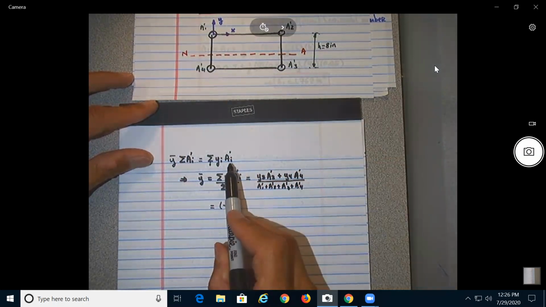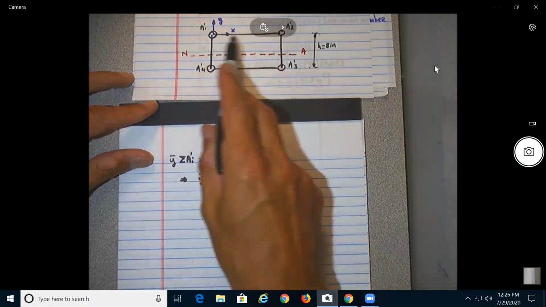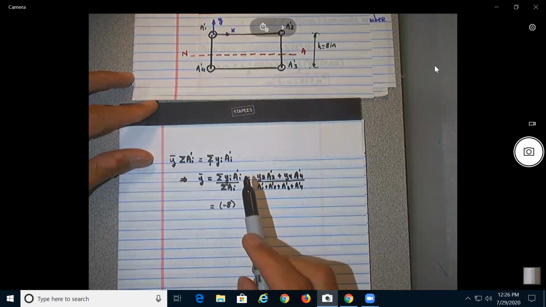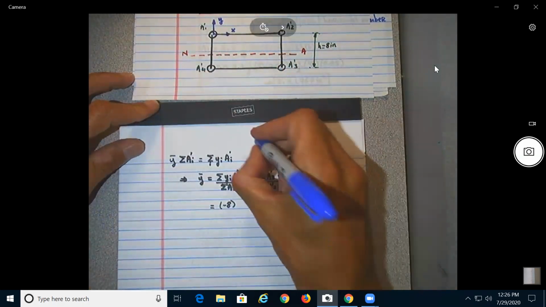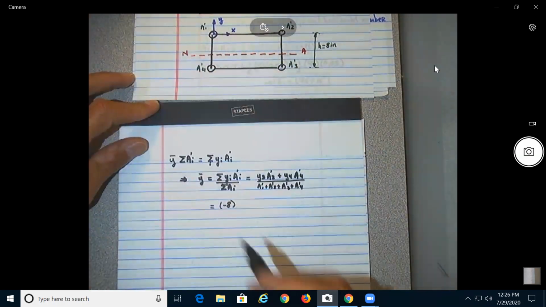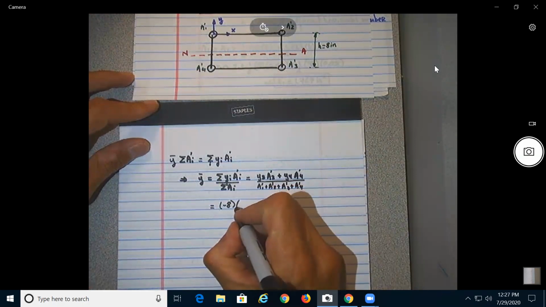Okay, a prime 1, a prime 2 is 0 because they go through the axis, no? Okay, so you want to put it here. I don't want to put too much information. So this will be -8. What is a prime 3?